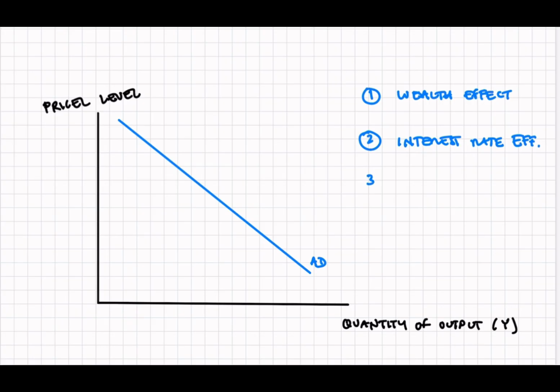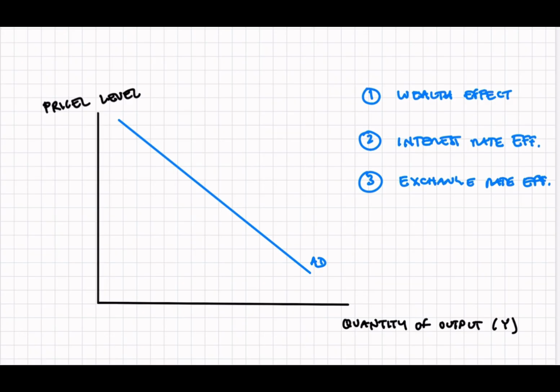The third reason why is what we call the exchange rate effect. So if the price level decreases, well, I could invest in US bonds, but those interest rates are low, so I might rather want to purchase foreign savings vehicles that might have a relatively higher interest rate.